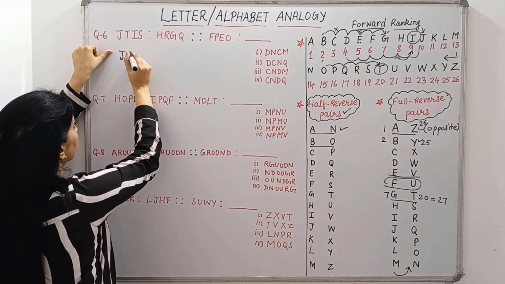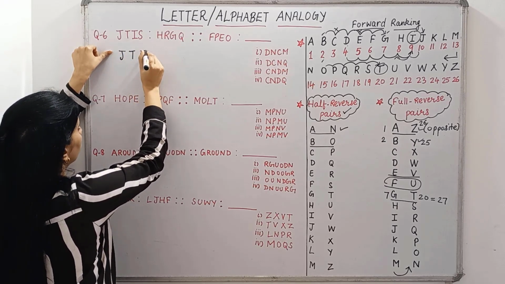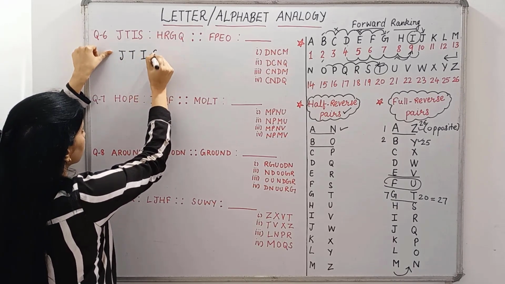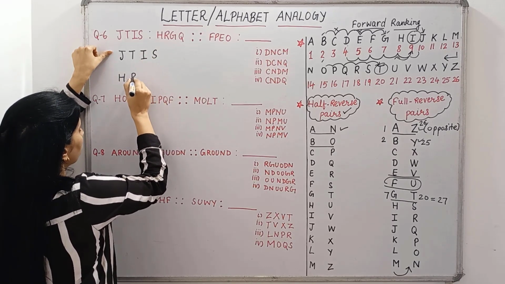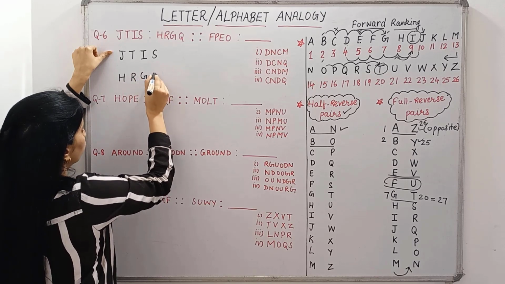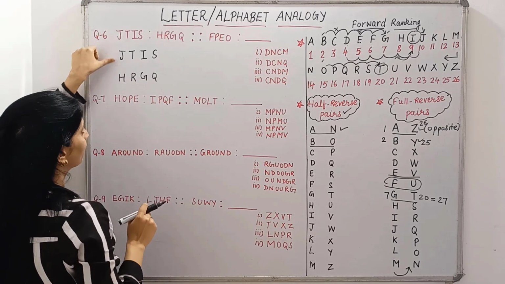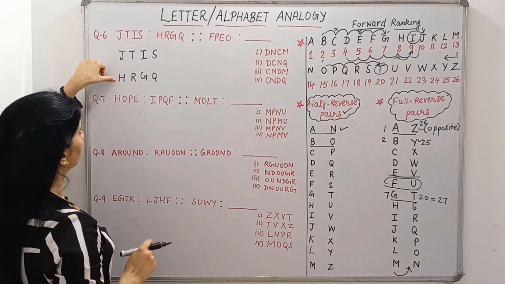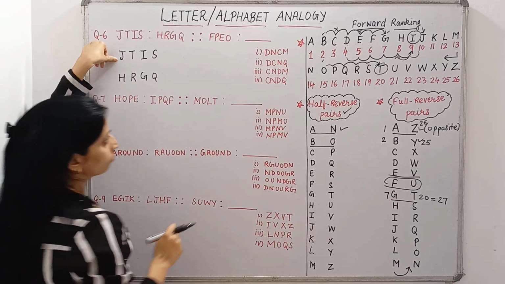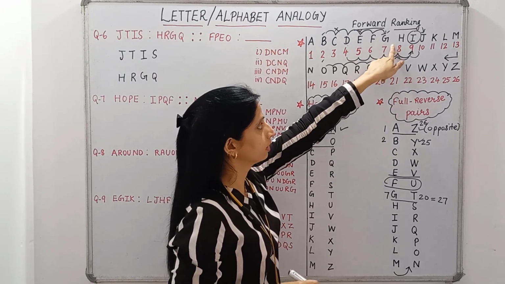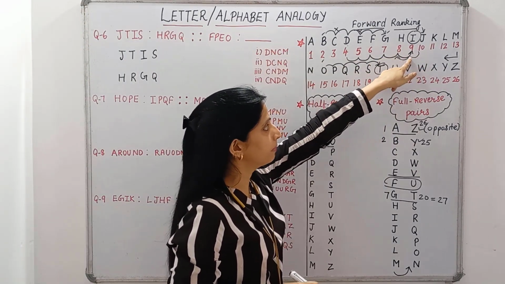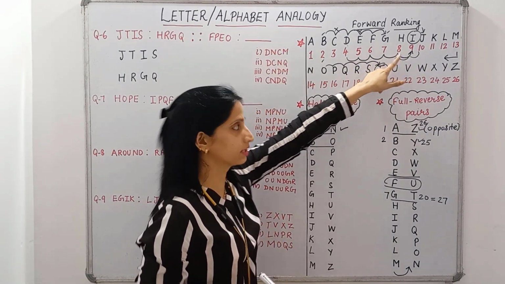J T I S. Here I am writing the second term, H R G Q. Now we will find the relation, how can we get H from J. So it is J and this is H. This means we are moving in backward direction by 2 places.